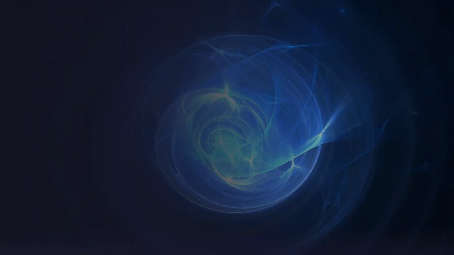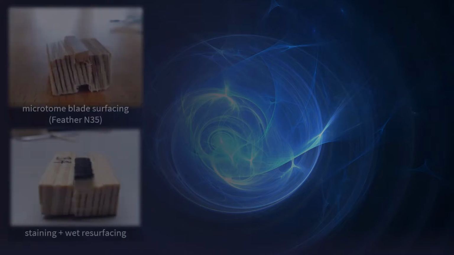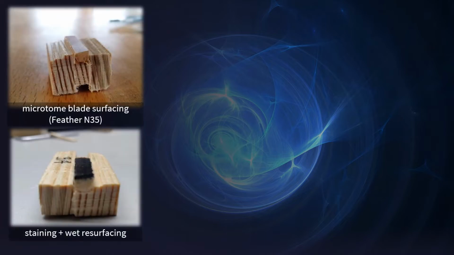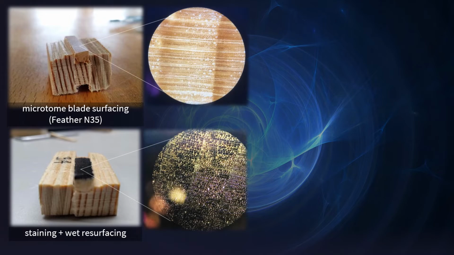A bit more than 2 years ago, we started experimenting with different ways of preparing the surface of tree cores, essentially to get the smoothest possible and the flattest possible surface. So this involved using microtome blades, also some staining in order to try to increase the contrast, which is important.